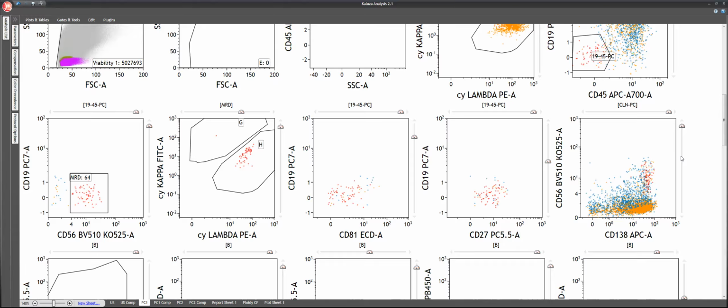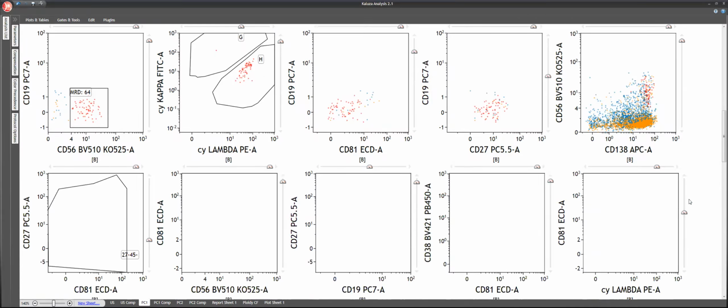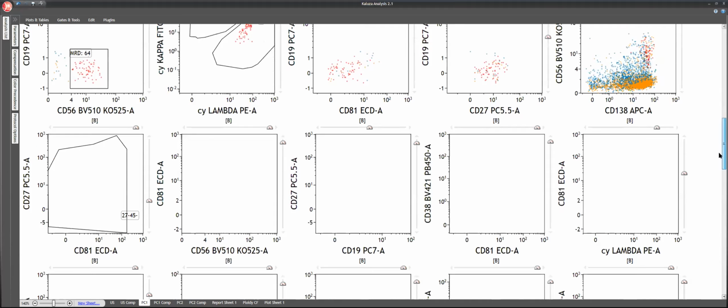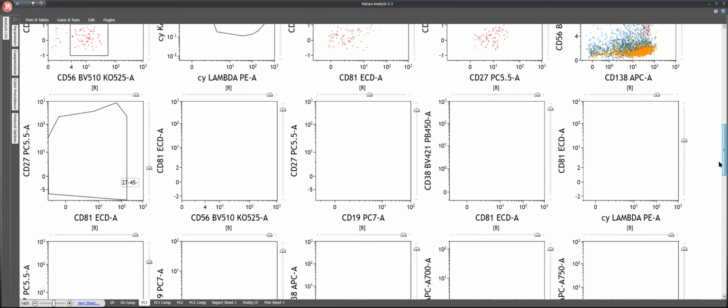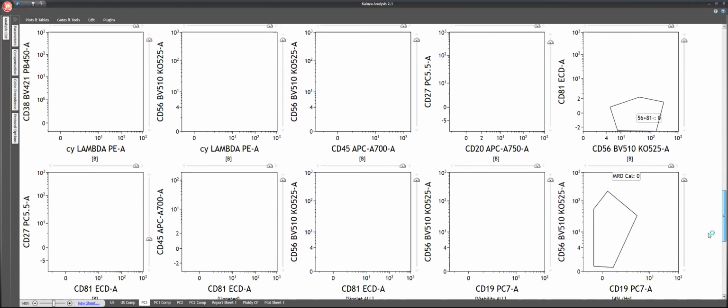This data bank includes basically all markers expressed in normal plasma cells, and using the mean fluorescence intensity or geometric means of these markers, you can apply PCA, that is principal component analysis, which differentiates normal and abnormal plasma cells using the software Infinicyt. It can be used. Now that is MRD, but we also want to look at other parameters.